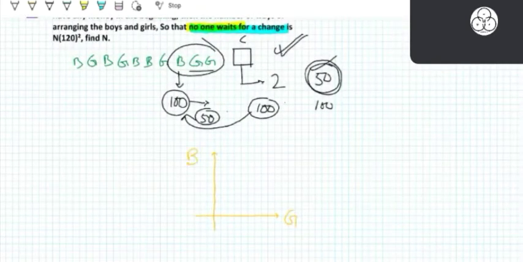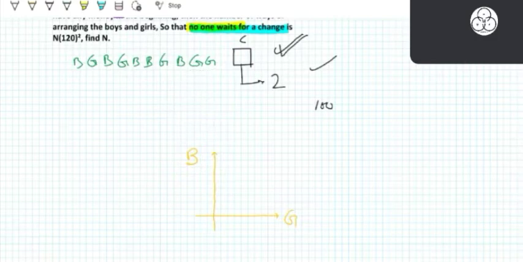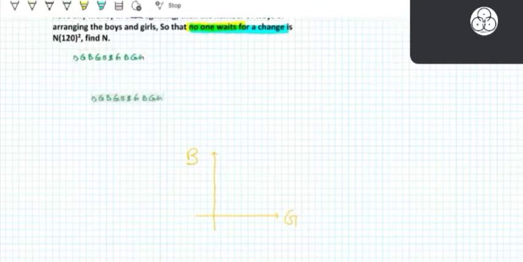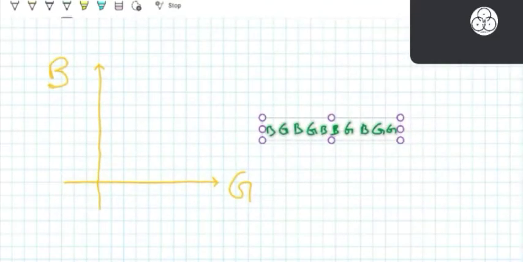For this particular arrangement, I'll draw it here.